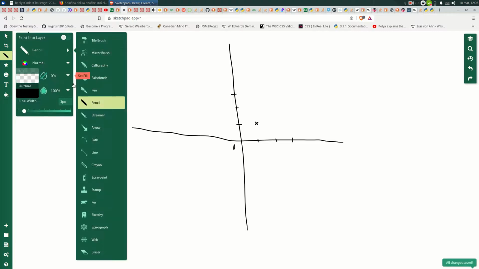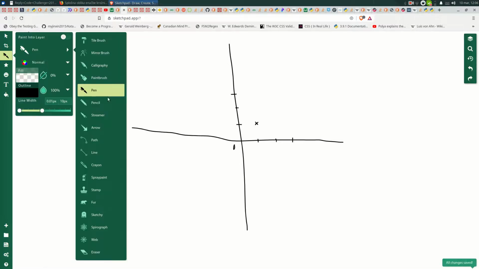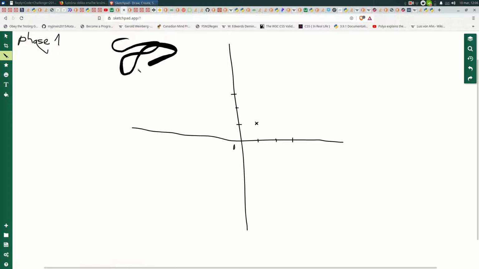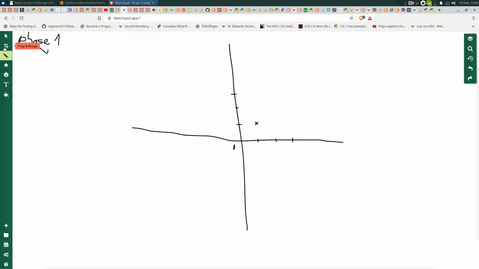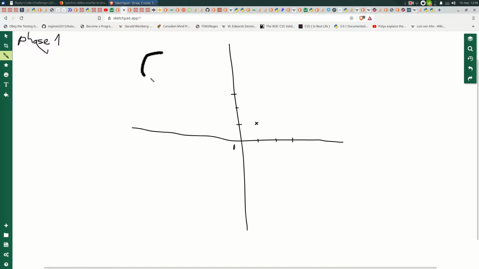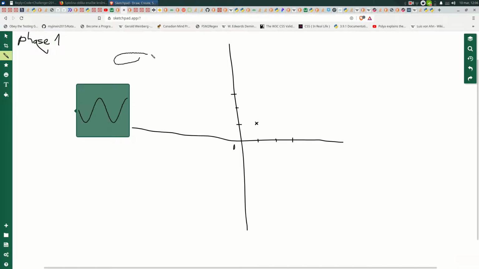And if we pick up this pen, you see there's something weird going on. Maybe with the streamer, that's also weird. I don't need to explain why. And crayon is, I guess, the most normal thing. So let's use crayon. Yeah, it's nice. Phase 1.